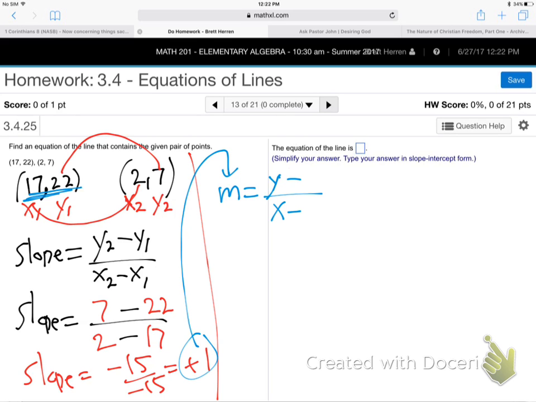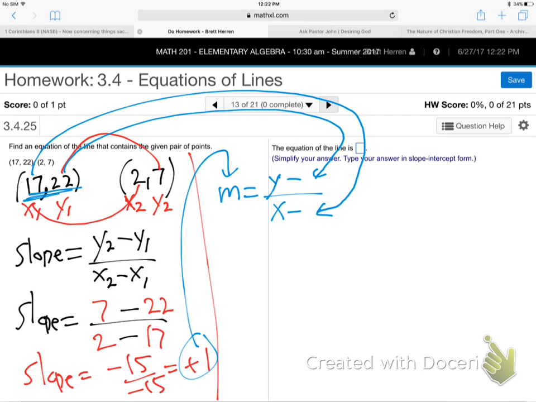So just put the x in the back of x and the y in the back of y. And finish the same. Do exactly the same thing that we did on the last four problems. Cross multiply, get y alone, that whole thing.